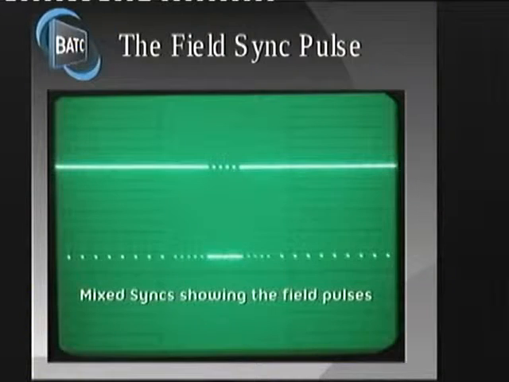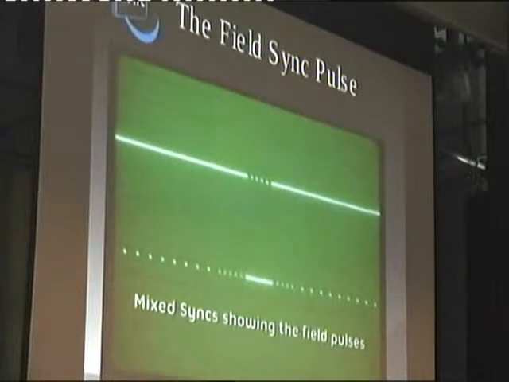And this is what it looks like on the scope. There are the line sync pulses, the equalising pulses, the broad pulses, and you can see that they're actually upside down pulses in a way, and the sync separator detects those, more equalising pulses, and then back to the line synchronising pulses.